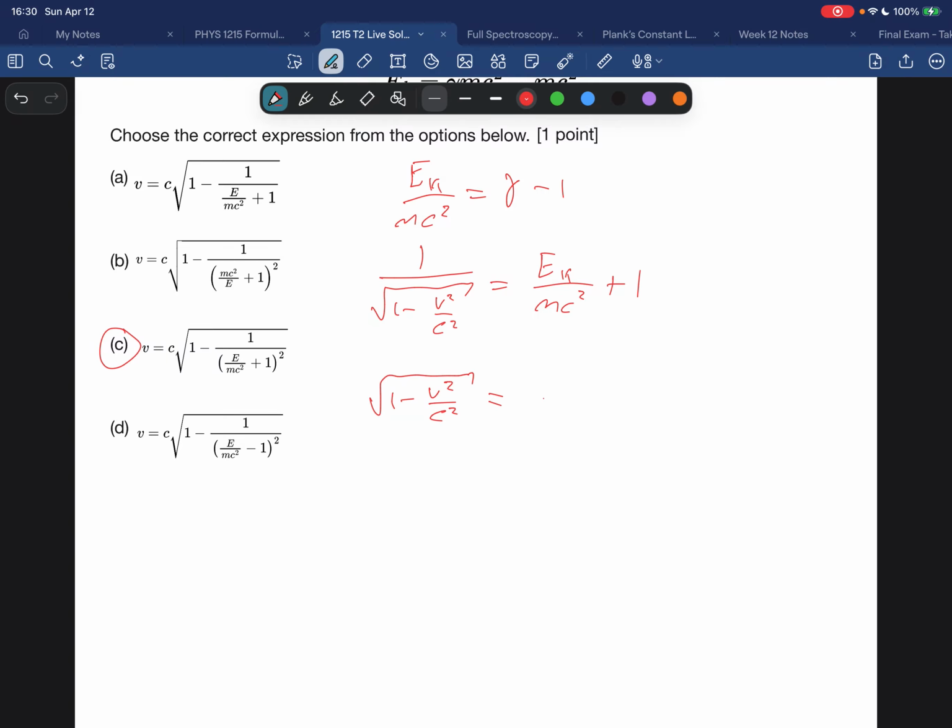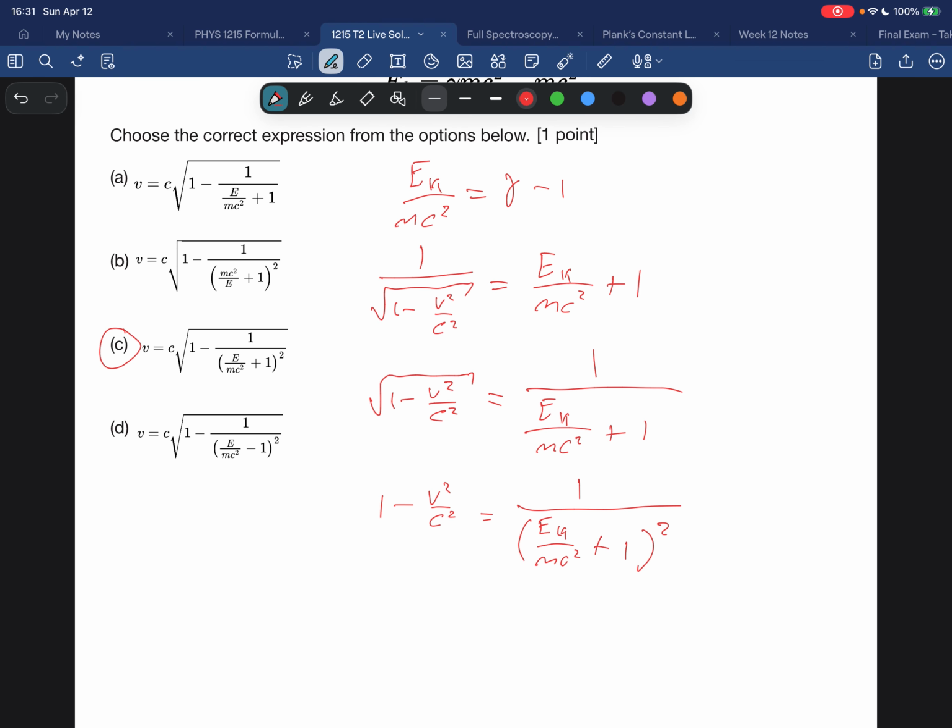And then everything on the right-hand side goes into the denominator as well. And now I'm going to square everything. One on top stays the same. Okay, there we go.